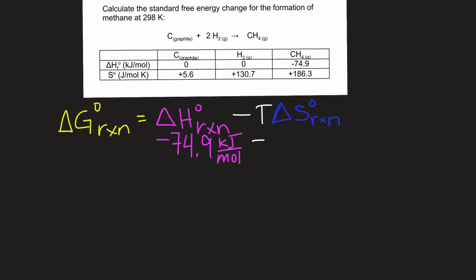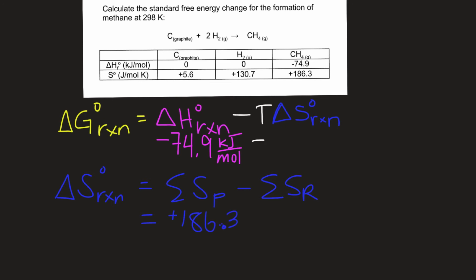So now we're going to do the same thing for the entropy change of the reaction. We're going to sum up the entropies of the products, and we're going to subtract from those the sum of the entropies of the reactants. Now here we do have values for everything. So our product is the CH4, so that's positive 186.3. Do watch your units here.